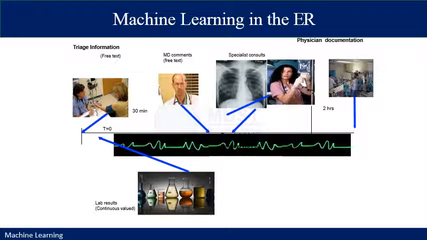Whenever the patient visits an emergency response, the physician or the person in charge asks for some triage information, such as how the person is feeling, what his age is, what he has eaten, and what the physical symptoms are, such as pain or problems in the body. Based on this information, the physician may ask for some lab results or tests.